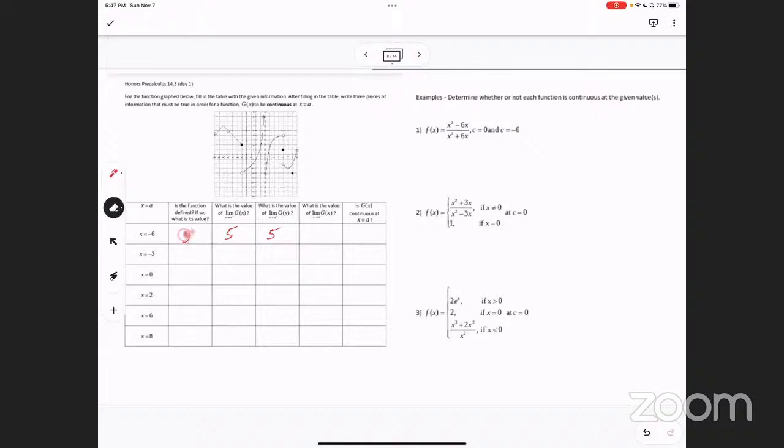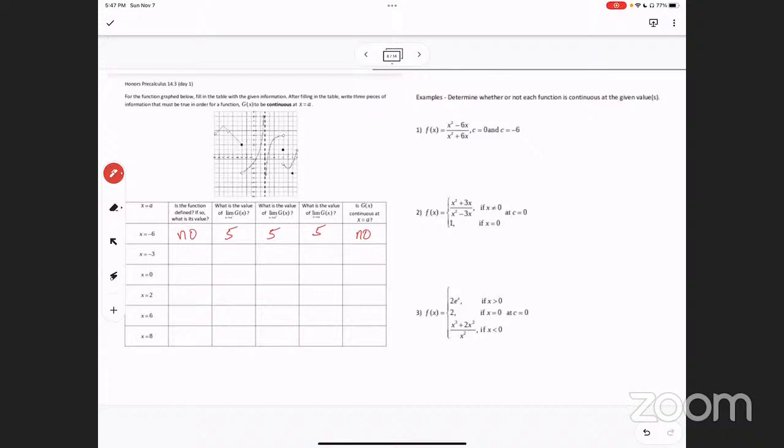This question says, is the function defined? It looks like it's not for that point because I don't see a point anywhere. So the answer for that is no. The limit from the left and the right are both 5, so the limit as x goes to a is 5. And is g of x continuous? The answer is no. All right.